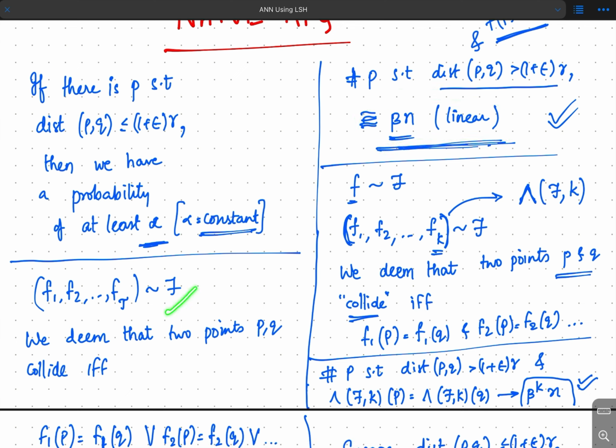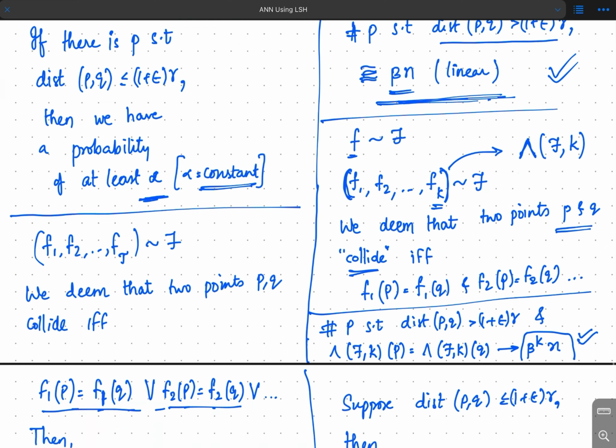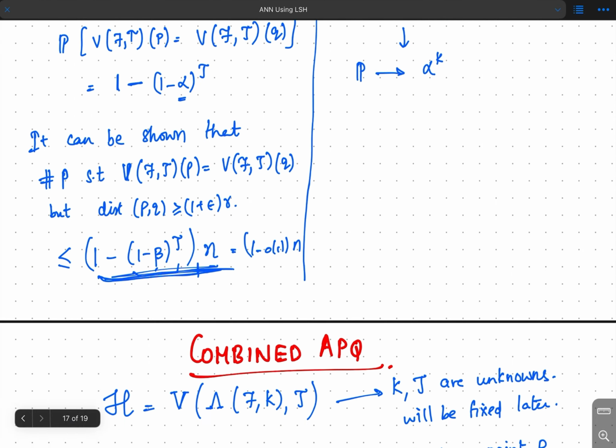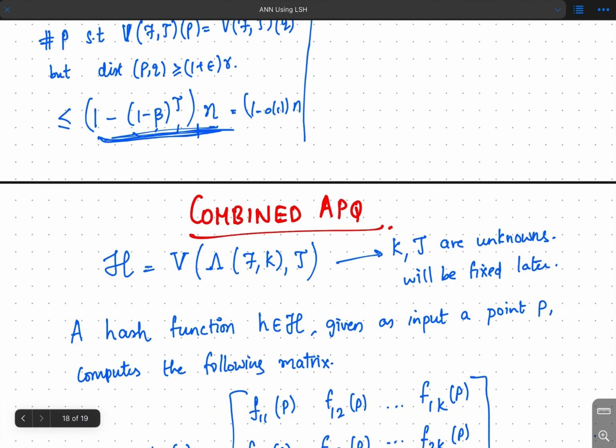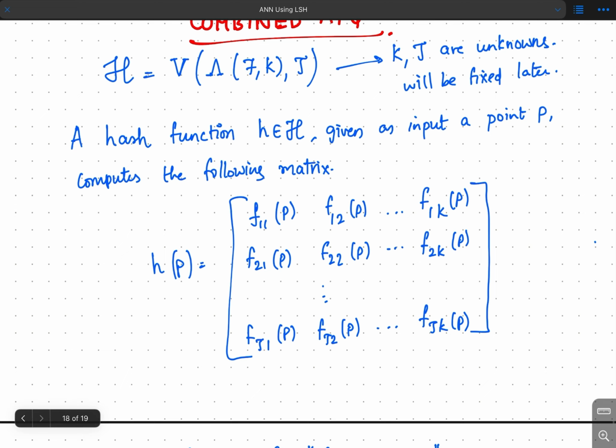So here we had these vectors as the hash values, but now we want to combine these two ideas, and so now we have a matrix instead of just a real number or a vector.